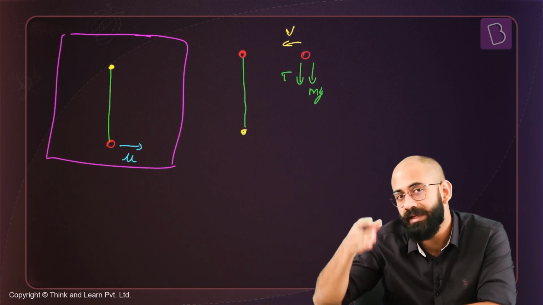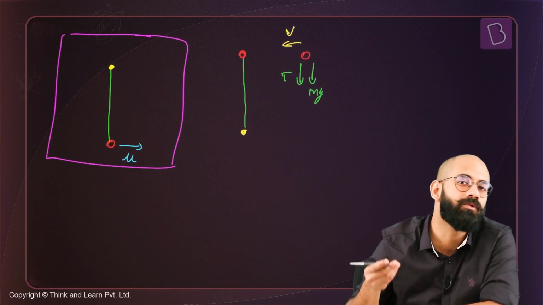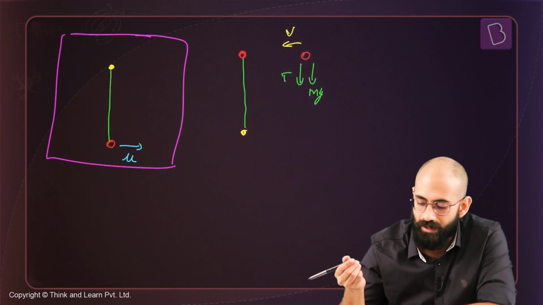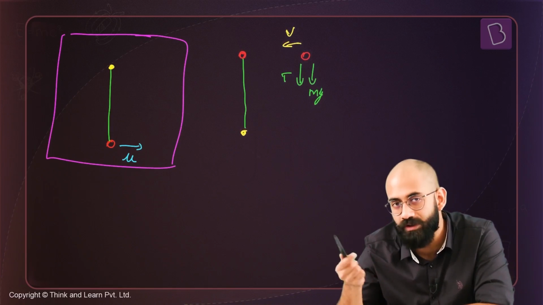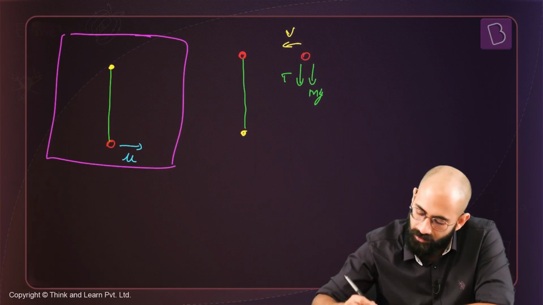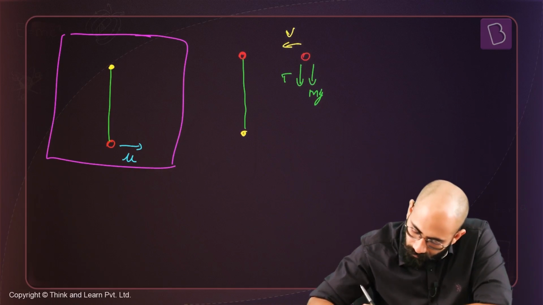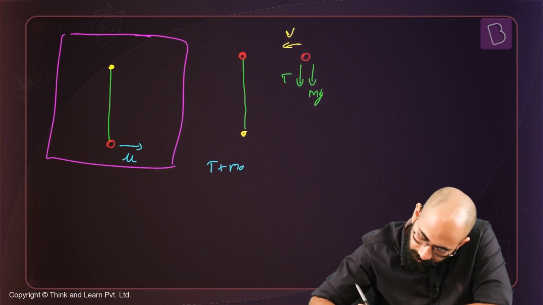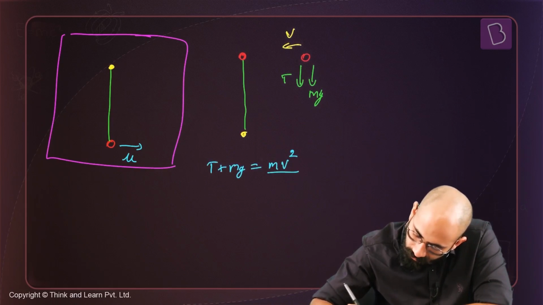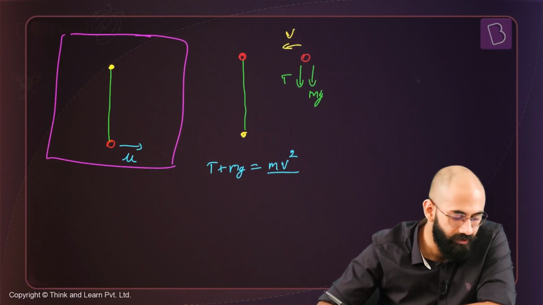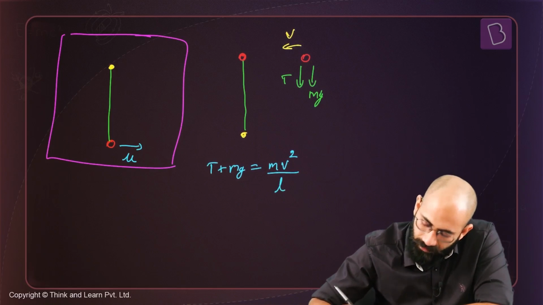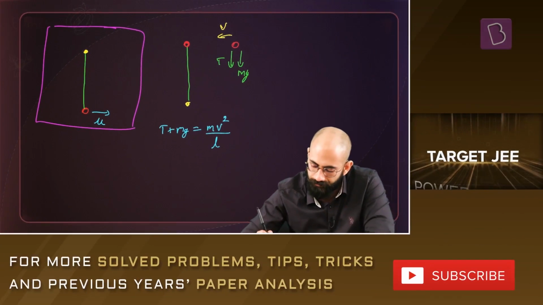T plus mg is radial in direction, so that will be equal to the centripetal force over here. Since it's moving with some speed v at this point, T plus mg should be equal to mv squared by r. r in this case, of course, is the length of the string, so it will be L. So mv squared by L.